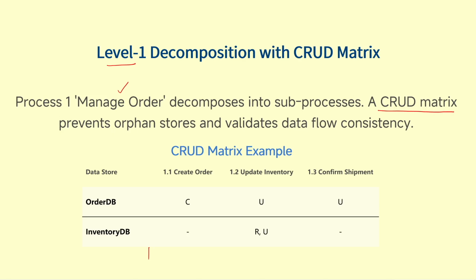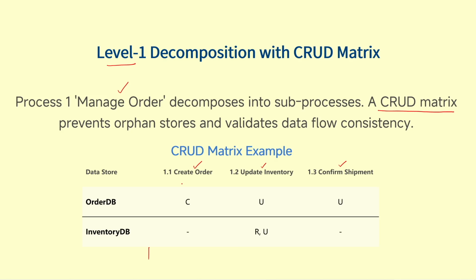Within this manage order, there could be a create order sub process, update inventory as another sub process, and confirm shipment. These are going to be 3 sub processes under a single process called manage order in level 1 DFD. Here the create order may have some impact, some updations or additions it could make, which is identified by your CRUD matrix.